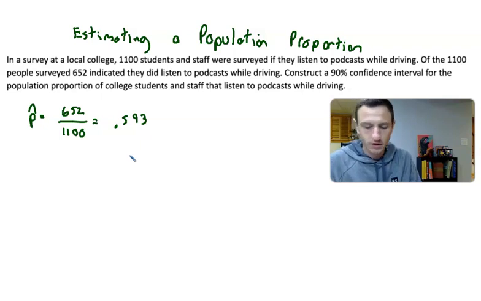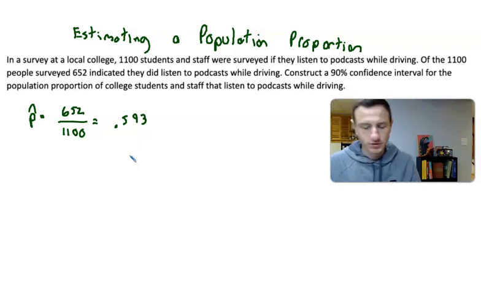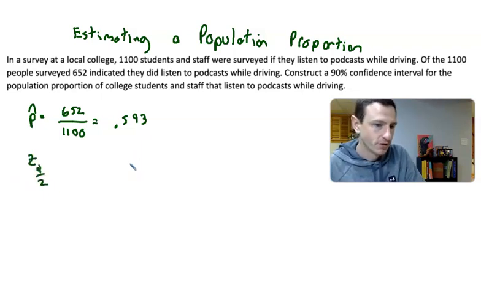Next, when we are doing proportion, since we're looking at the population, we want to use that normal distribution. And what we want here is a critical value, z sub alpha divided by 2, because that's going to be part of the process of getting our margin of error.